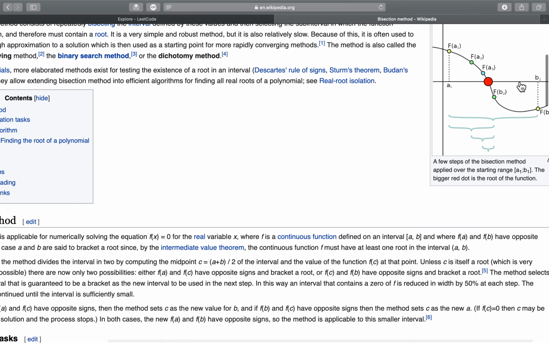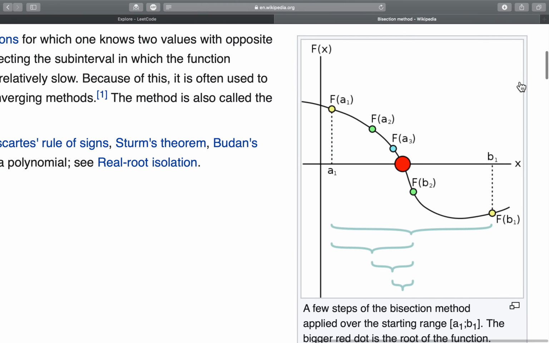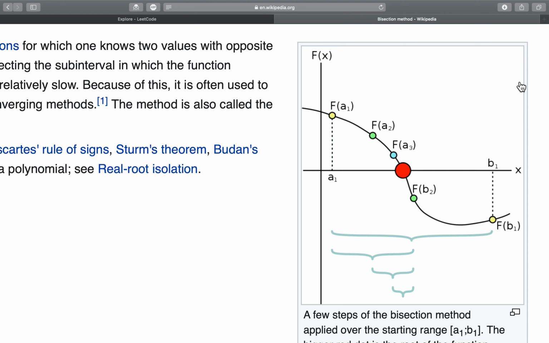Then, for example, if we want to find the square root of 25, then the function will be x squared equals 25. And if the midpoint we found is 6, however, 6 squared is 36, and 36 is much greater than 25.